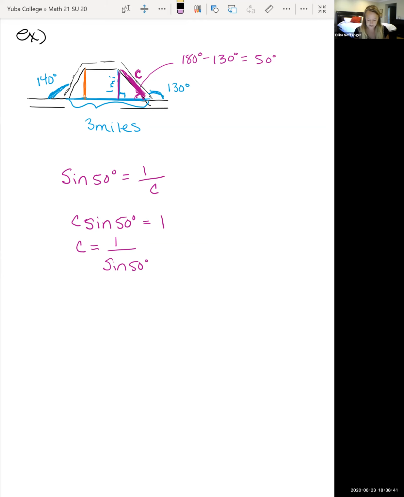So I know we can figure out what this angle is right in here. Again, same kind of idea as the other side. I know that this is 140 degrees. So a whole line, an angle for a line is 180 degrees. And so this right here would have to be 40 degrees.